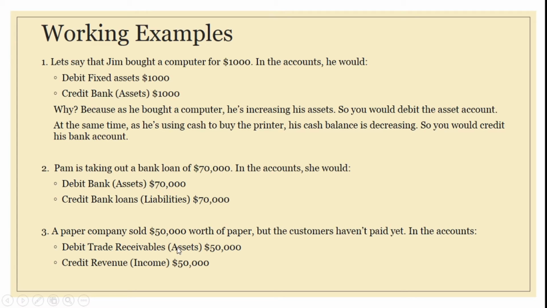So this would increase the trade receivables account, which is considered an asset. So you would debit the trade receivables by $50,000. As the paper company sold $50,000, it's actually increasing their revenue. So you would credit their revenue account by $50,000.